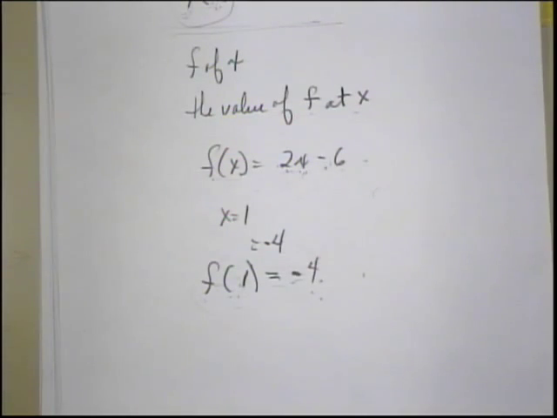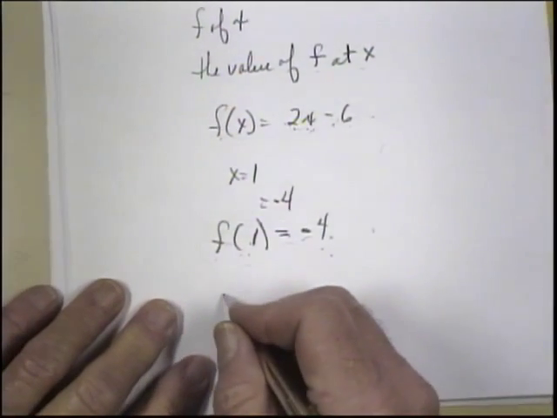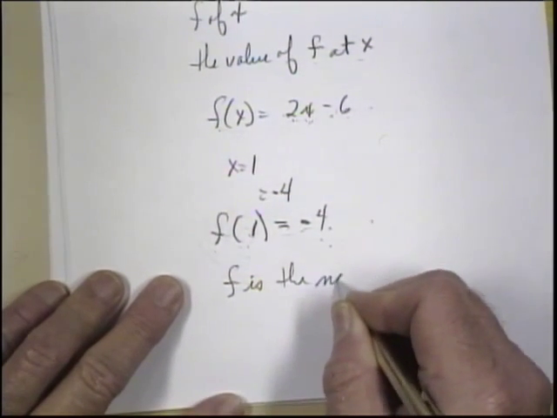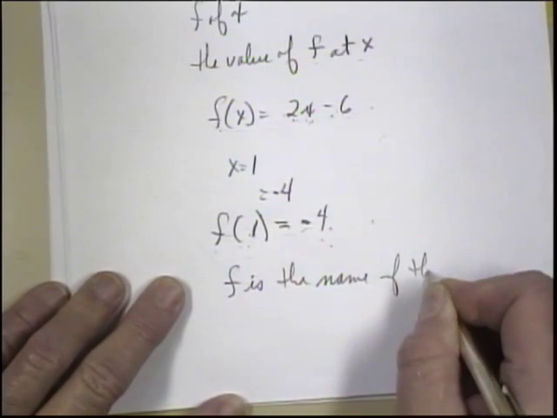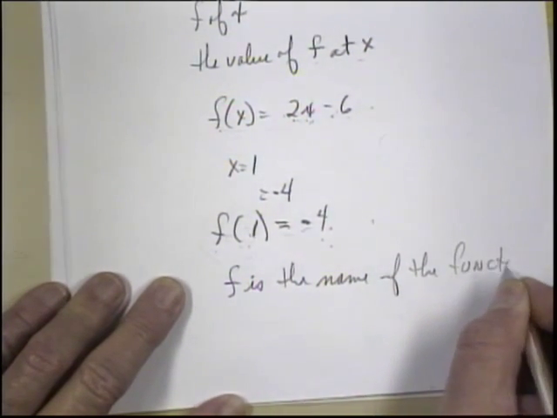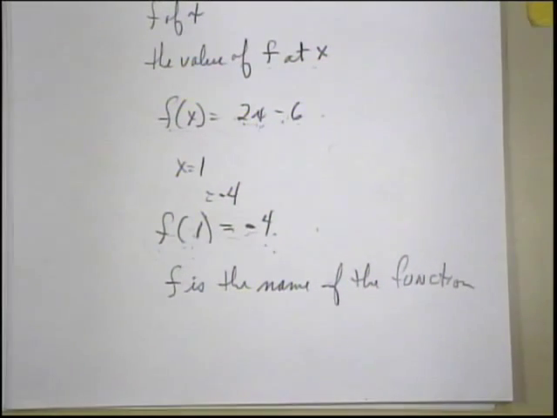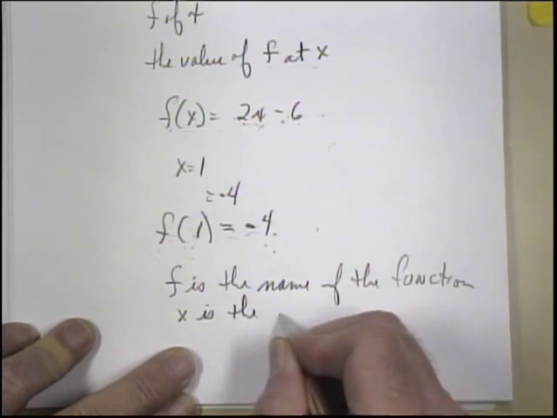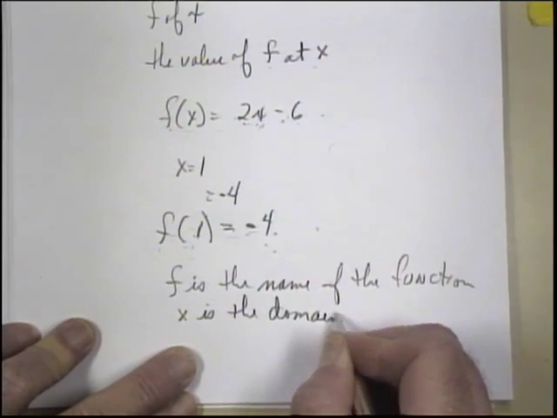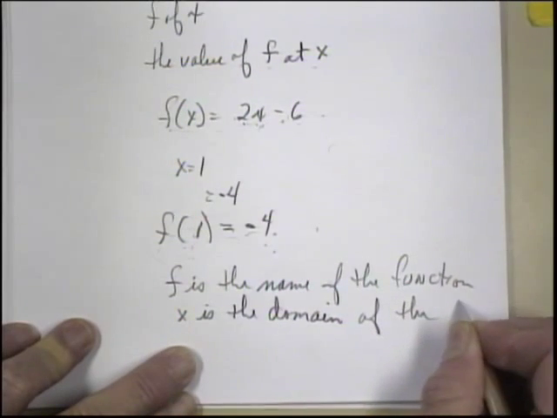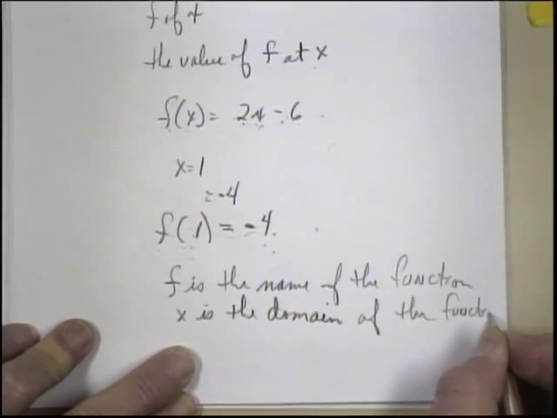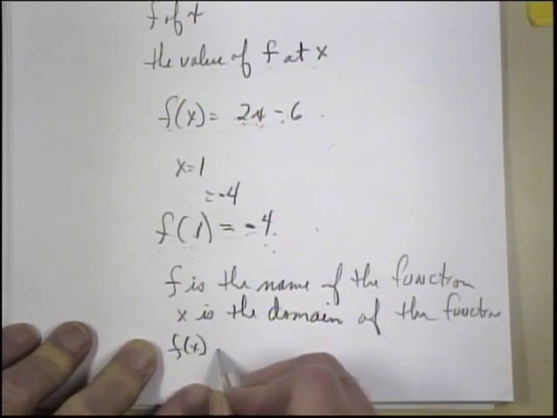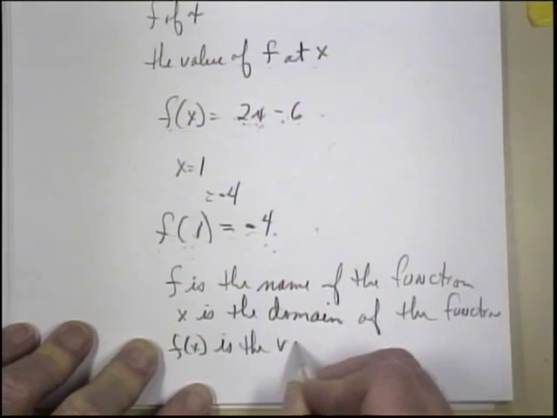That is function notation. f is the name of the function, x is the domain of the function, and y, or f of x, is the range of the function.